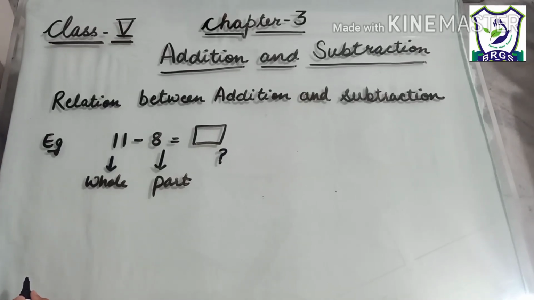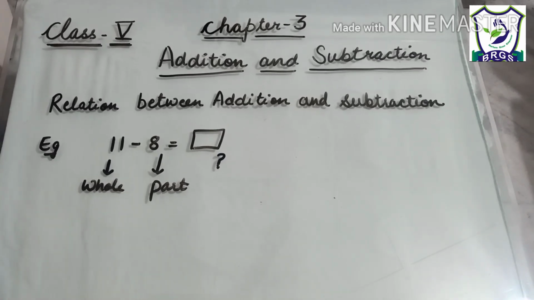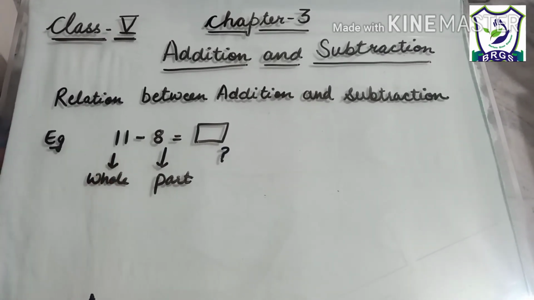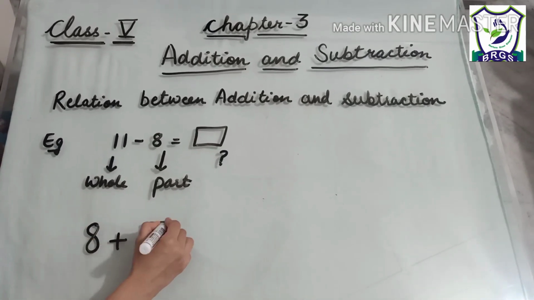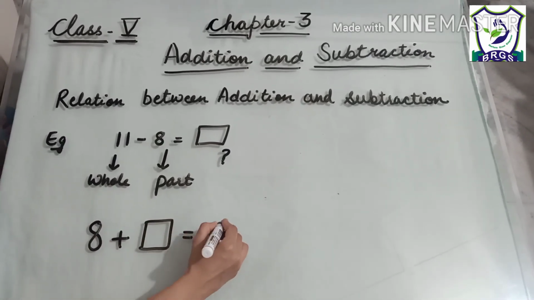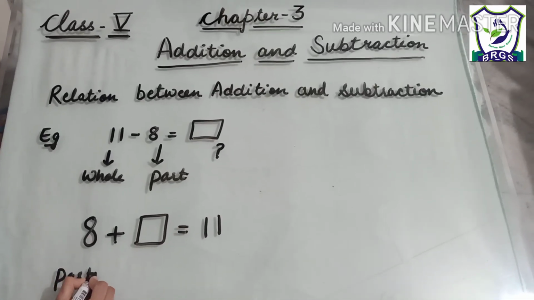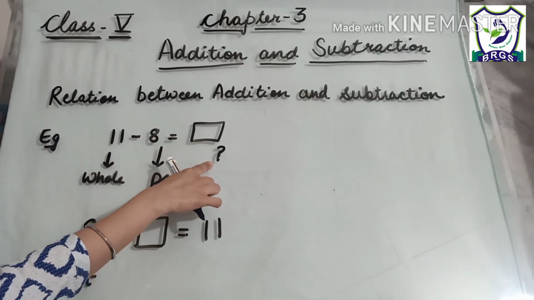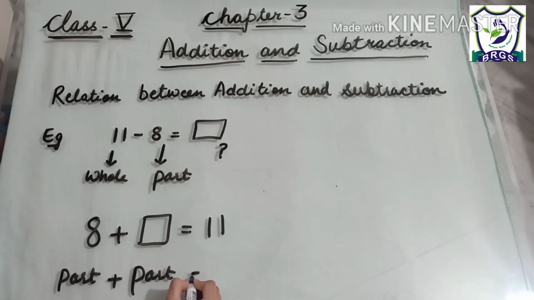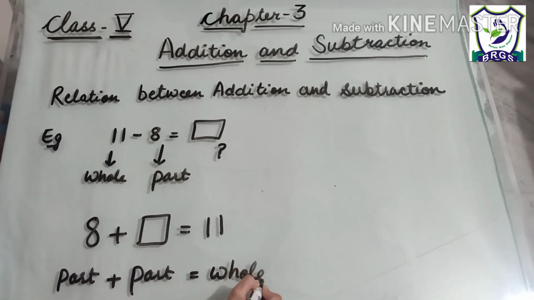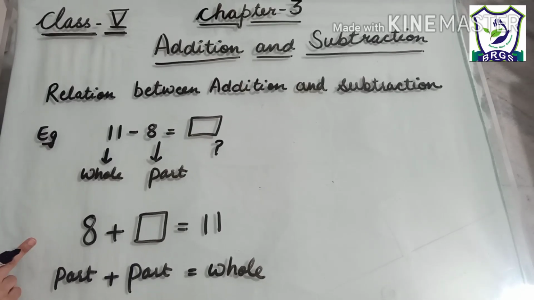Now let's think about it as an addition problem. Now we will think about this problem as an addition problem. It means 8 plus something will be equal to 11. We know that 8 is a part, and here we are missing another part, so this is also a part. So part plus part is equal to whole. This is the situation of subtraction and this is the situation of addition.